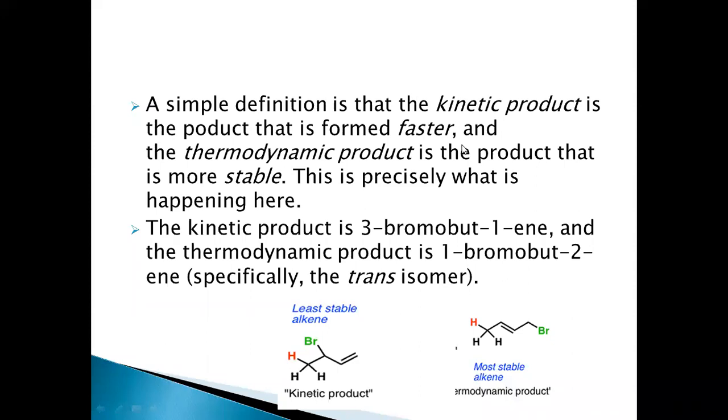Now this is what we can say: the kinetic product is the product which is formed faster, and the thermodynamic product is the product that is more stable. So 3-bromobut-1-ene is the kinetic product, and 1-bromobut-2-ene is the thermodynamic product.